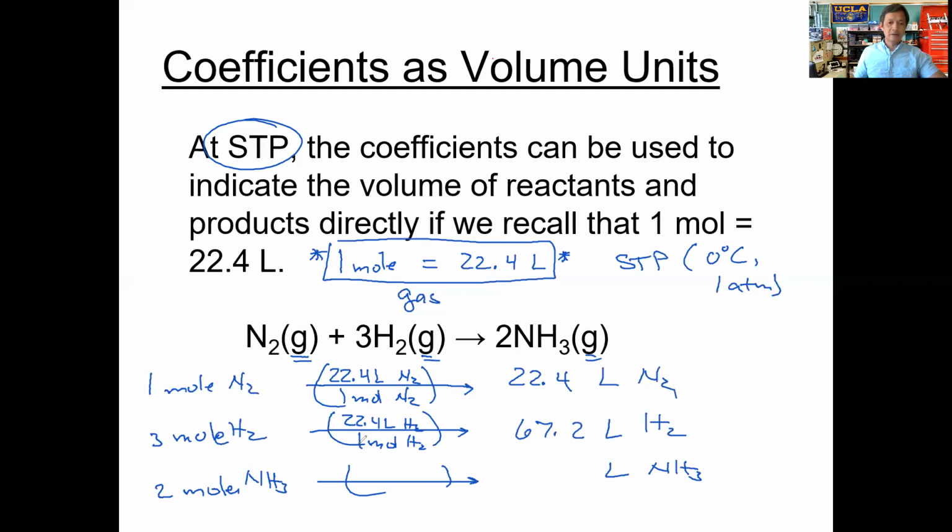Finally, we do the same thing, 22.4 liters of ammonia for every 1 mole of ammonia, and we end up with, I'm sorry, 44.8. Sorry, folks, 44.8.